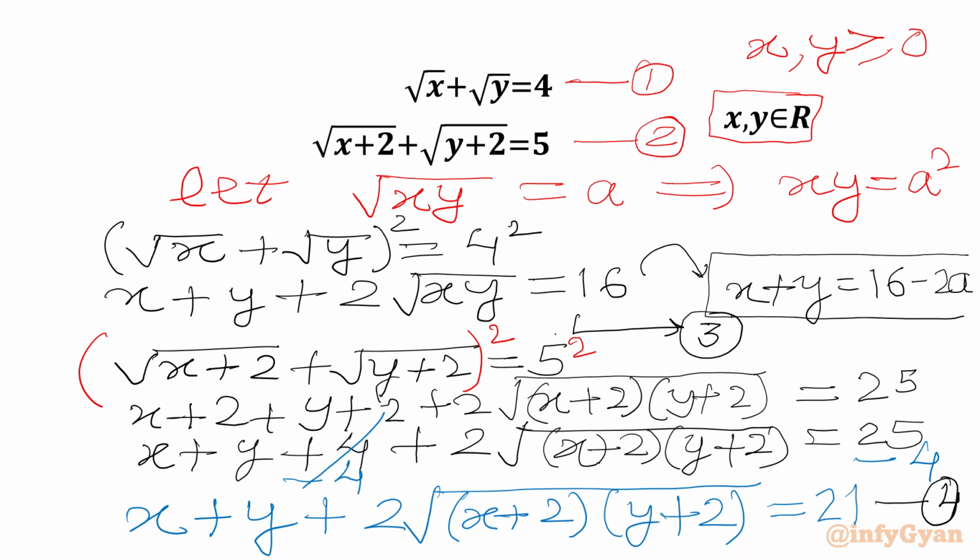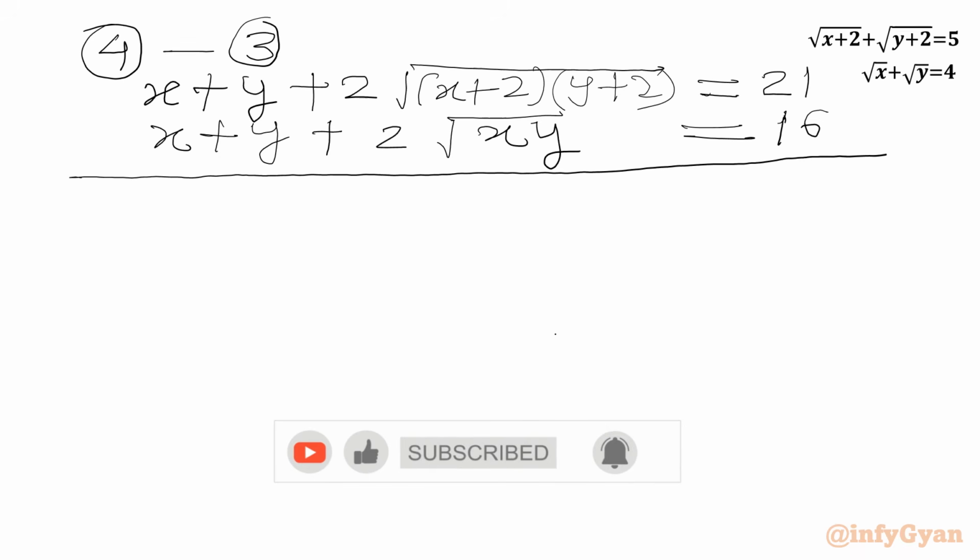We have equation number 3 over here and we have equation number 4 over here. Now we are going to subtract third equation from fourth one. So we will write 4 minus 3. Let me write both the equations. Here it is. Let's subtract. We will change the sign over here.